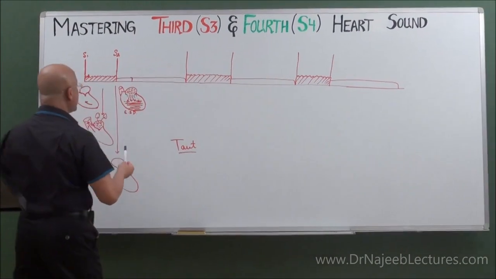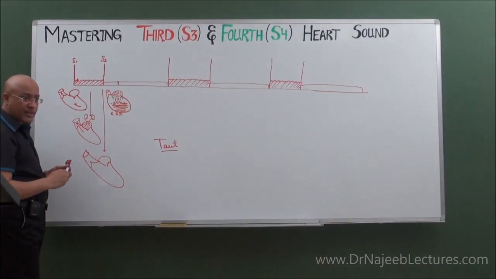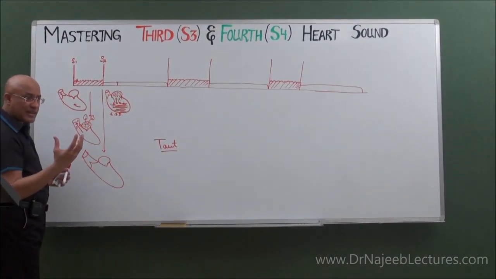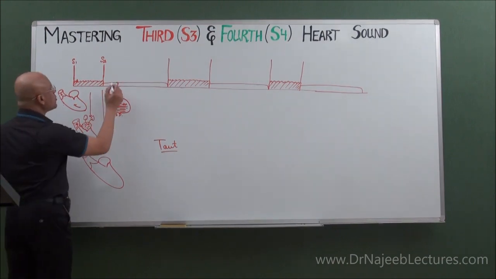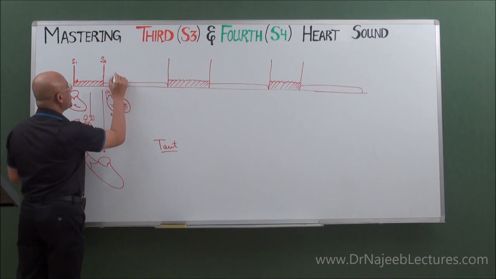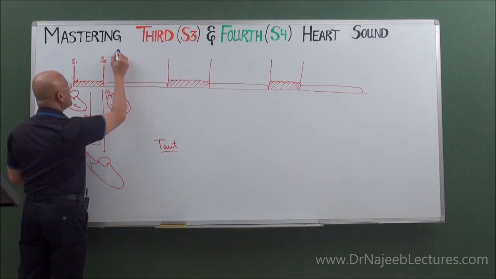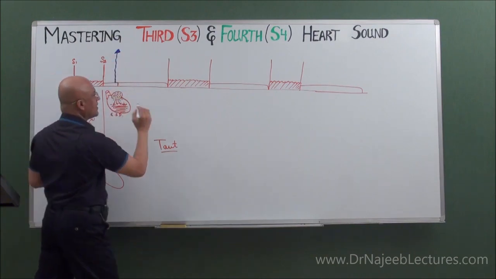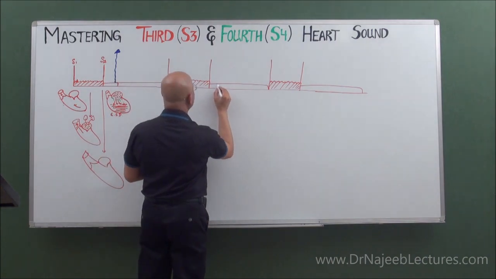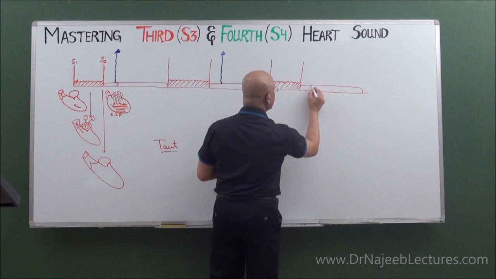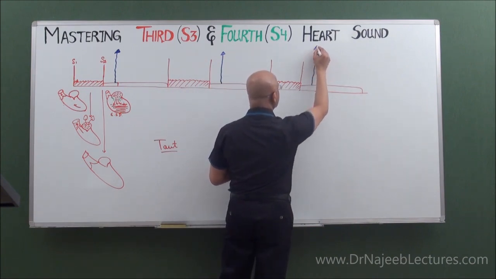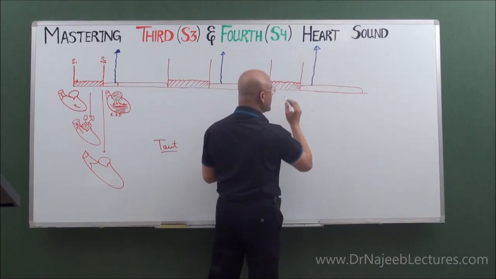But if there is very rapid ventricular filling in early diastole and the distended taut ventricle vibrates and produces the third heart sound, then what will you hear? Suppose in this patient the third heart sound is being produced, and of course this sound is in early diastole.